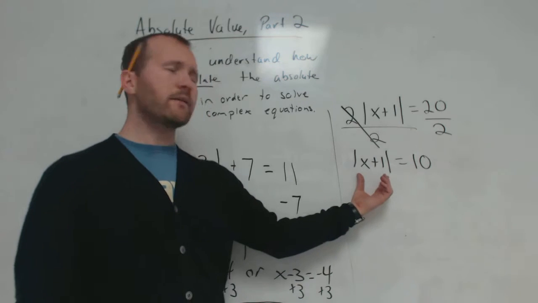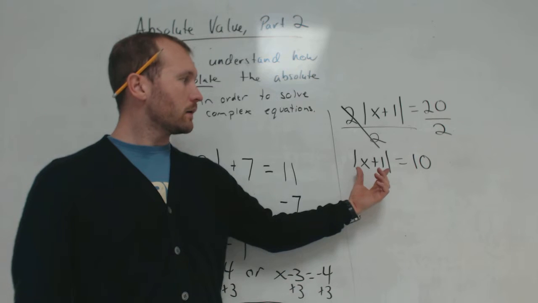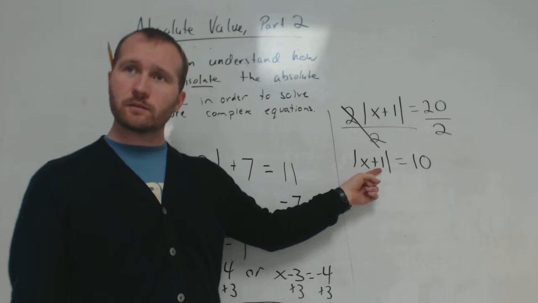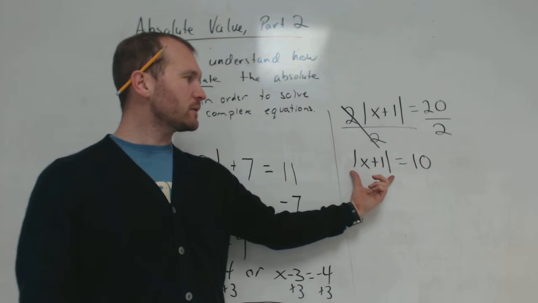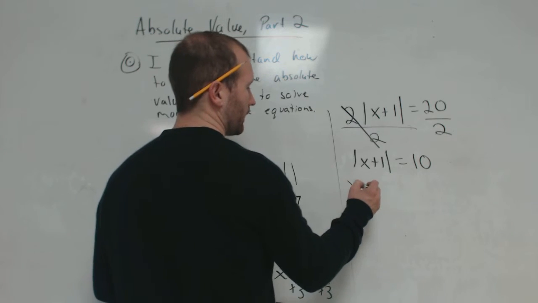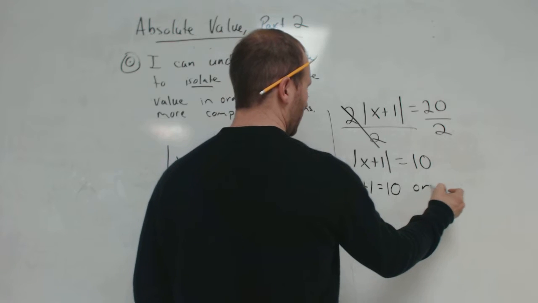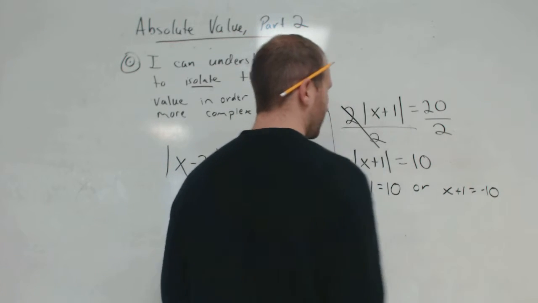Now, do I have the absolute value all alone on this side? The 1 is inside of the absolute value. So before I subtract 1, once I have the absolute value all alone, this is when I say x plus 1 equals 10, or x plus 1 equals negative 10.